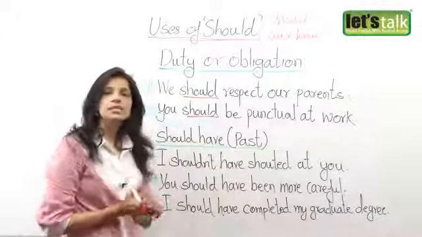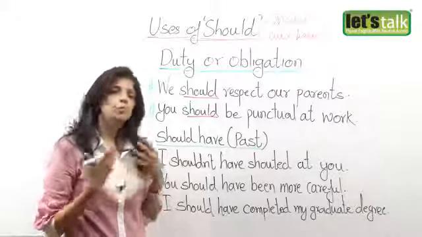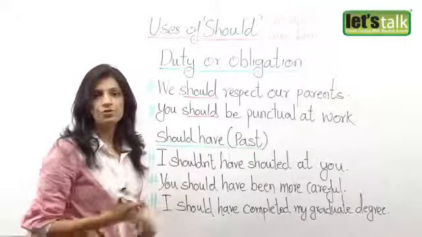Now basically it could be something that you were supposed to do but didn't do. It could be a mistake or a mistake you made, or something that you did and you really regret it.